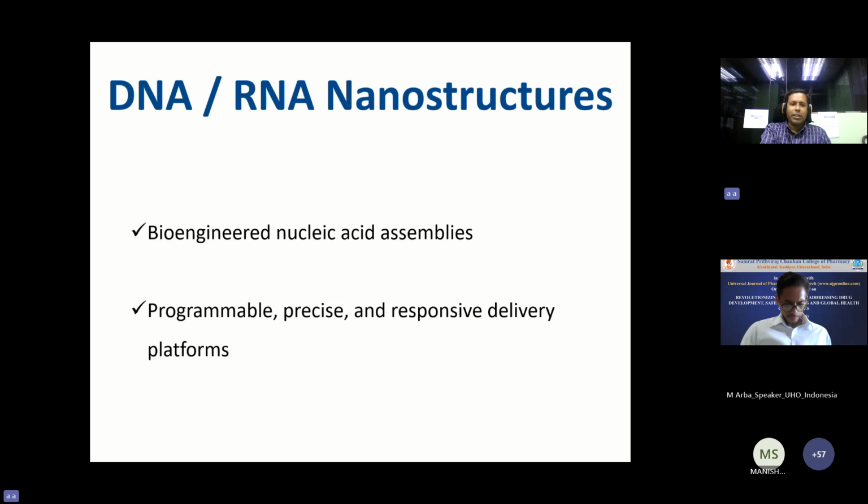DNA and RNA nanostructures we have used for vaccine delivery and also for neurodegenerative disease purposes. These are bioengineered nucleic acid assemblies, programmable, precise, and responsive delivery platforms.